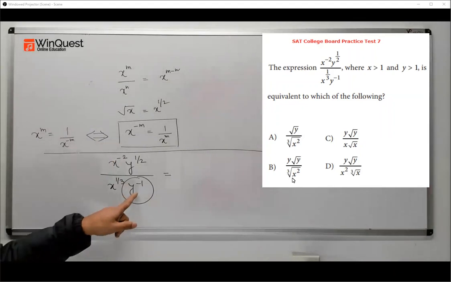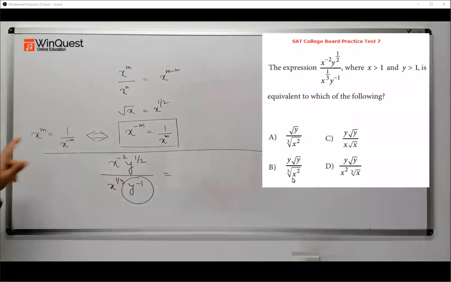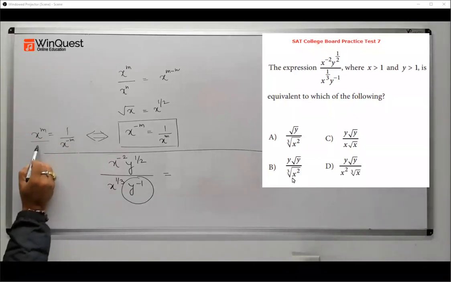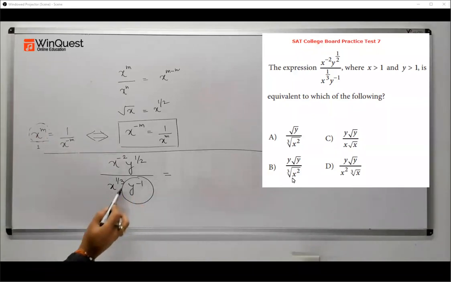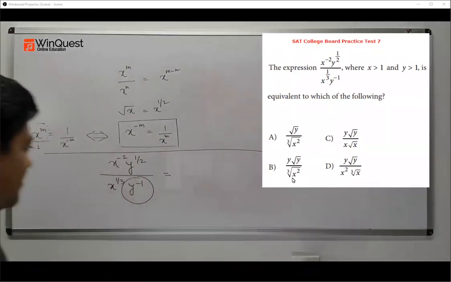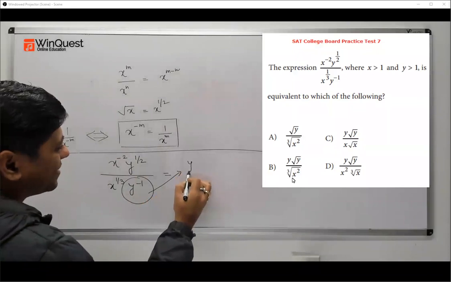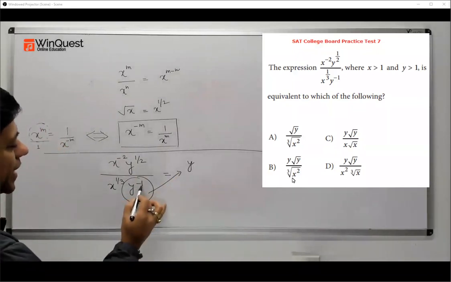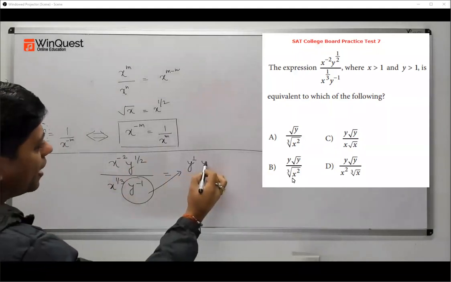So that means this y to the power minus 1, if I want to bring it on the numerator side, this will become positive. Is it okay? Yes or no? Yes, sir. Okay. So in the next step, I am bringing it at the top. So y to the power negative 1 means y to the power 1. I will leave this y to the power half here as it is.